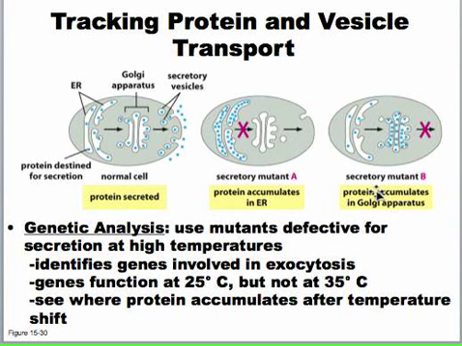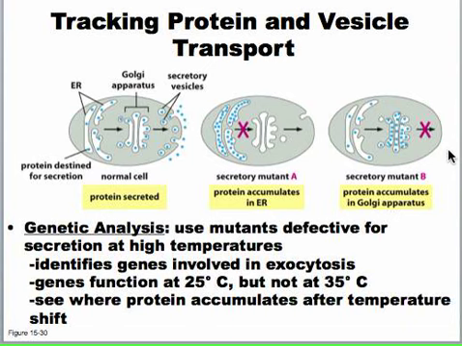Now another mutant that we may have, we'll call it secretory mutant B, could cause an accumulation of protein in the Golgi. If this was the case, we would make the assumption that our secretory mutant B is important for vesicle budding, leaving from the Golgi to the plasma membrane.